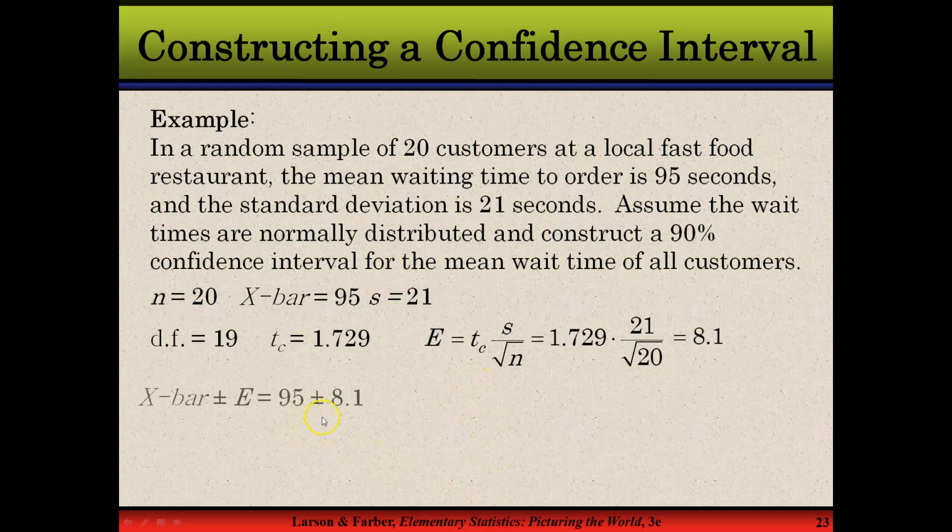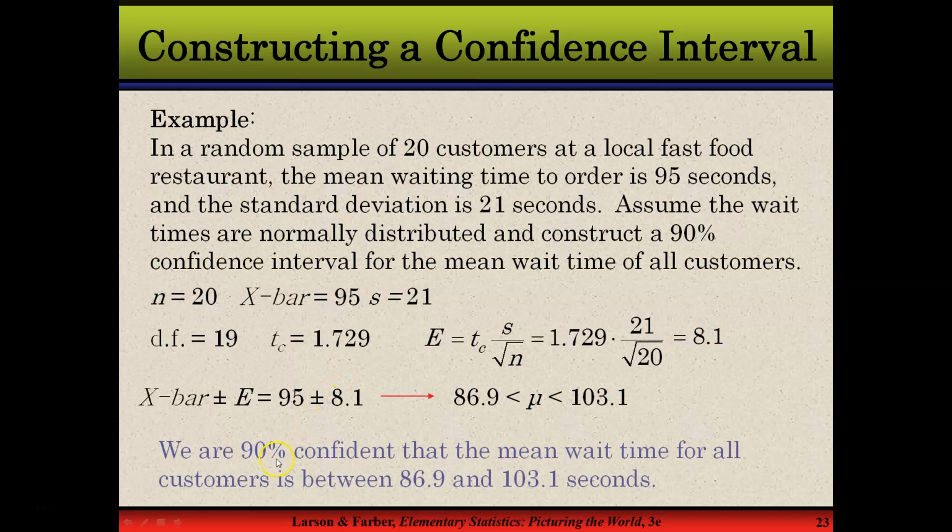So 95 subtract the 8.1 is the left end, and 95 add the 8.1 is the right end. And here's the interval. Then I had to make an interpretation. We are 90% confident that the mean wait time for all customers is going to be in between these two numbers, 86.9 and 103.1 seconds. And that's how you create the interval.